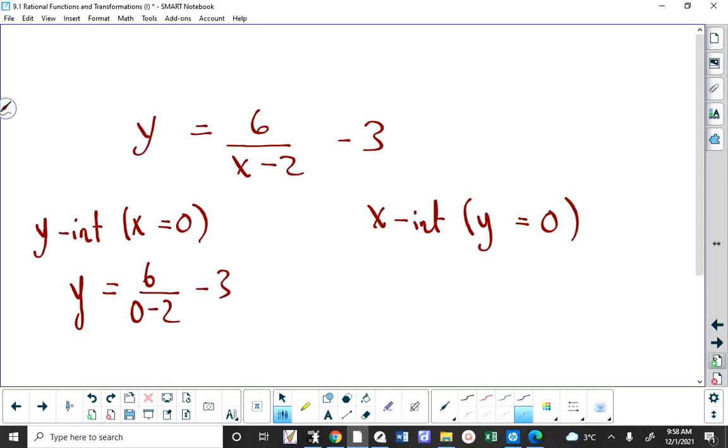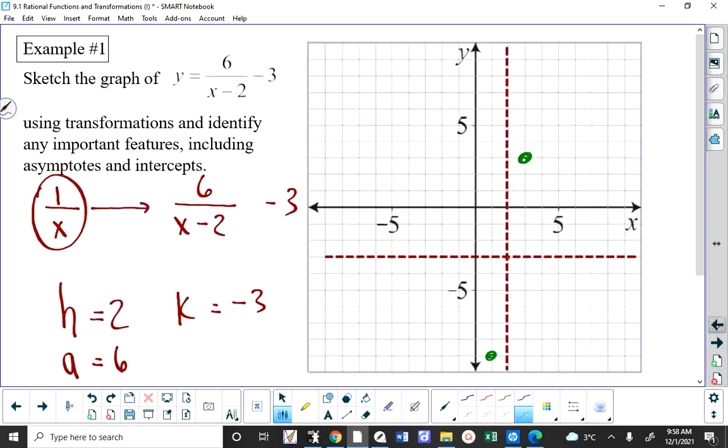And you can work that out for me, please. I think it's going to be negative 6. So the y-intercept is at 0, comma, negative 6. Well, that's pretty useful.